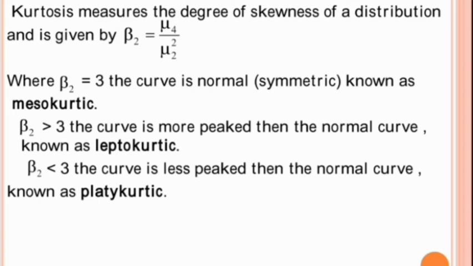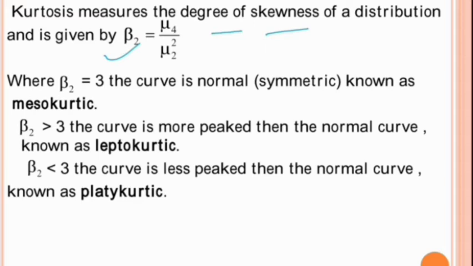Next, what is kurtosis? Skewness measures the asymmetry, and kurtosis measures the peakedness of a distribution. It is given by beta 2, which is equal to mu 4 upon mu 2 square.